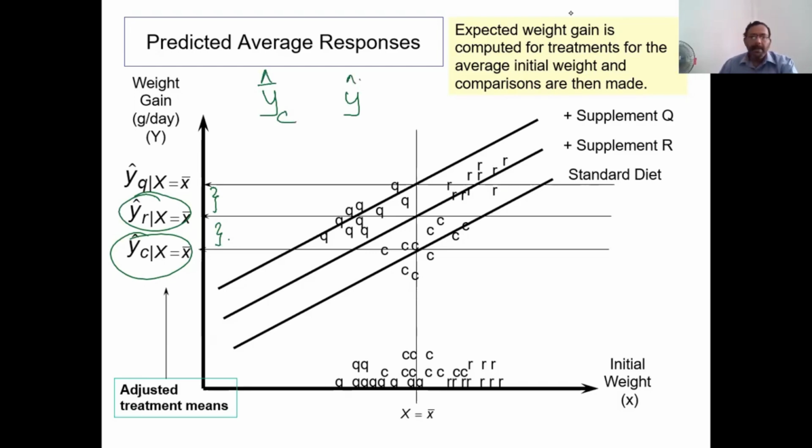Just the predicted value of the standard diet, the predicted value of supplementary R, the predicted value of supplementary Q. Now tell me, do they have differences? Look here, there are differences. So according to this, what is the better diet for the animal, which increases the weight?